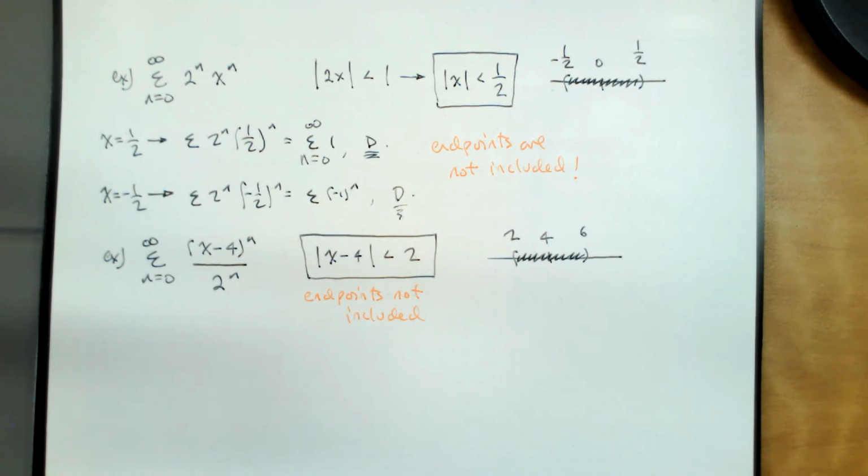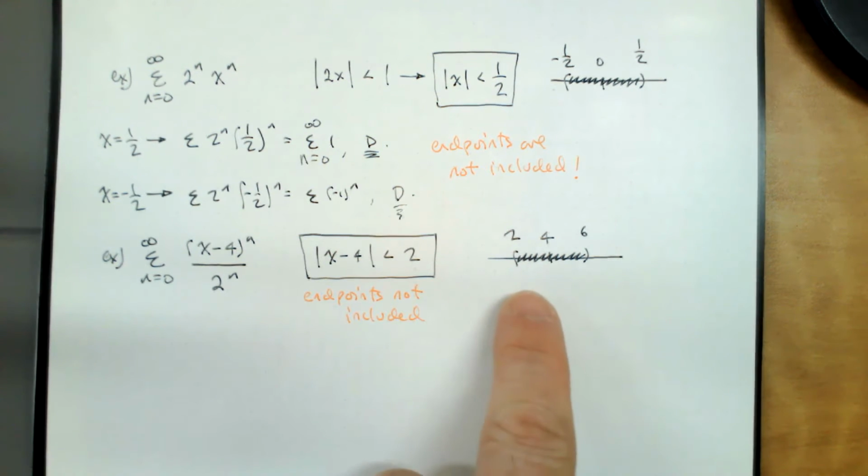So we can read what the interval of convergence is right away without running a ratio test and doing all that work. If we plug anything from between 2 and 6 into our power series, we get a convergent power series.